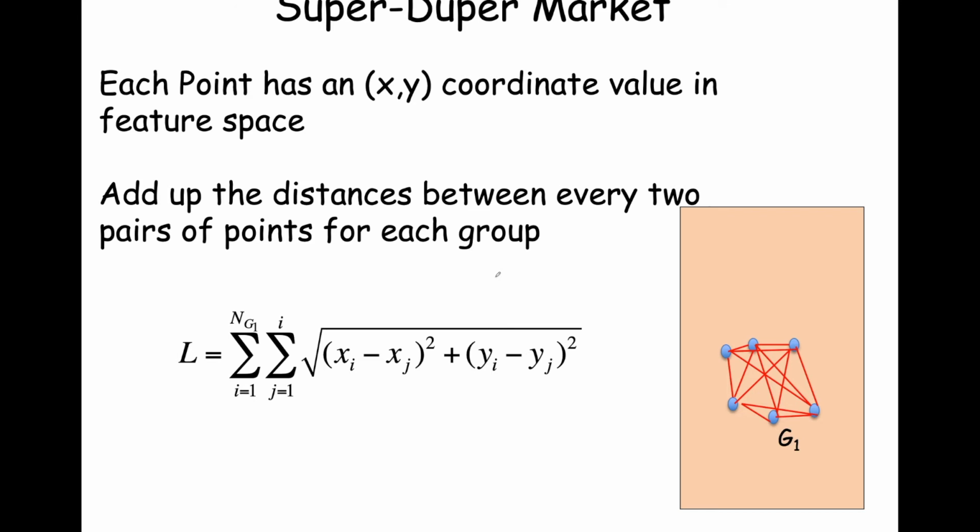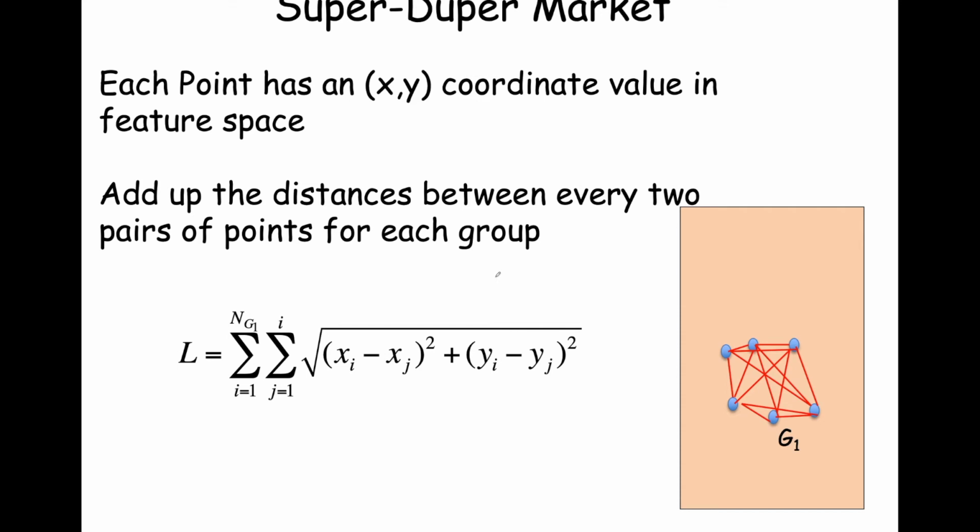And so you start out with your groups that you've randomly assigned, and then for each group, you're going to add up the distances between every 2 pairs of points across every single group. So let's call L such a distance, and the outer summation goes from I equals 1 to the number of data points in group 1.